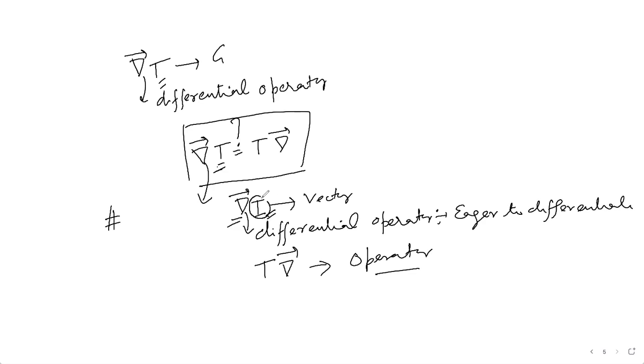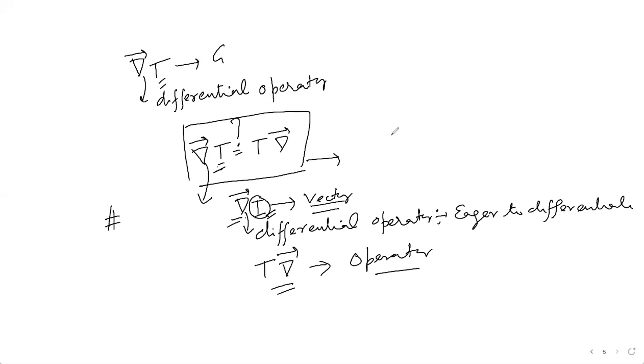Right now, we are talking about a scalar function. So we feed it a scalar function, and this operator has operated over here and generated a vector function, isn't it? So the operator has been satisfied. But in this case, this operator is still a hungry operator. It requires something to be operated on. So these two things will not at all be the way linear algebra works, isn't it?